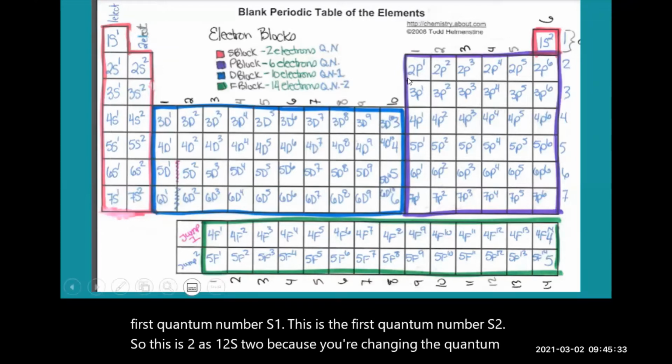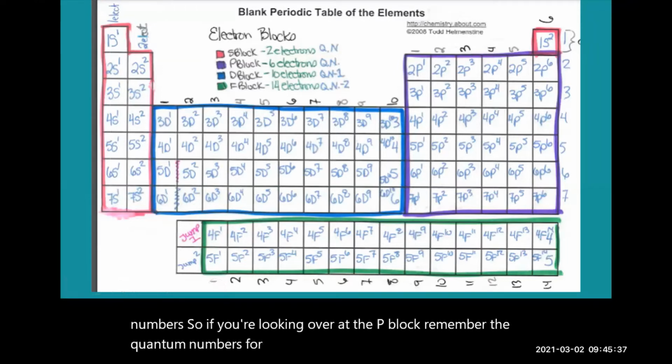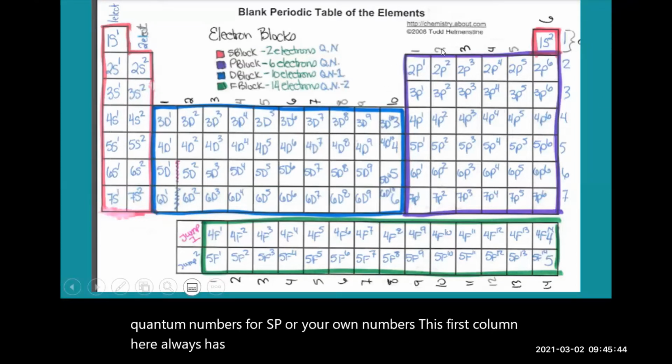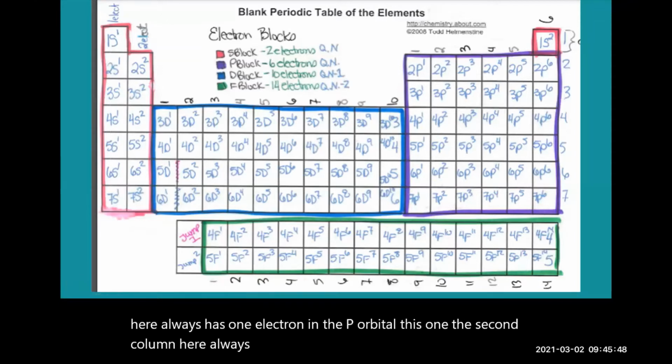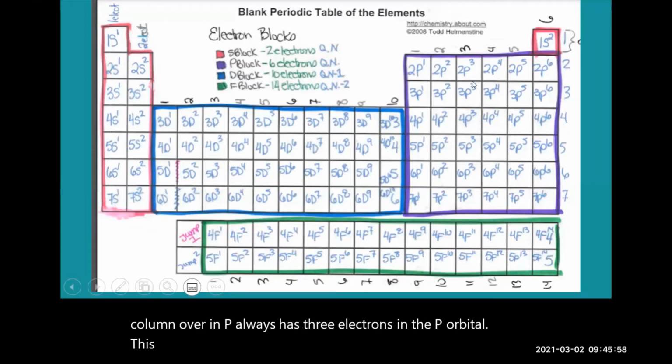So if you're looking over at the P block, remember the quantum numbers for S and P are your row numbers. This first column here always has 1 electron in the P orbital. The second column here always has 2 electrons in the P orbital. This third column over in P always has 3 electrons. This fourth column over in the P block always has 4 electrons.